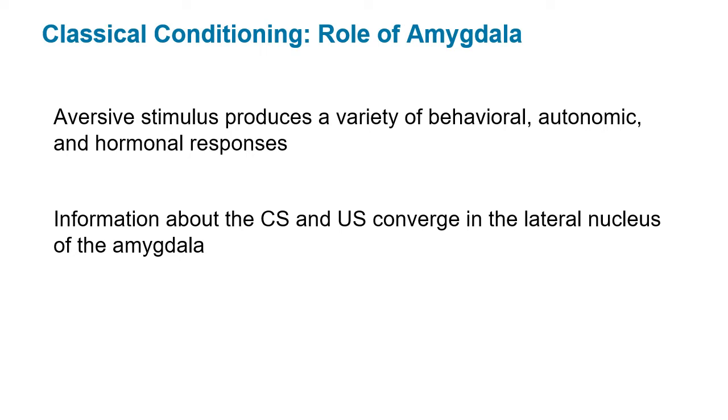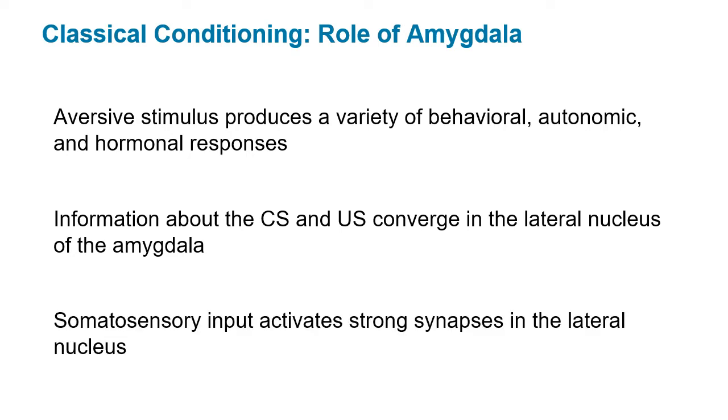The information about the conditioned stimulus and the unconditioned stimulus converges in the lateral nucleus of the amygdala, and this is where that connection becomes stronger. Then the somatosensory input coming in will activate the stronger connections that have been paired and made, the strong synapses in the lateral nucleus.